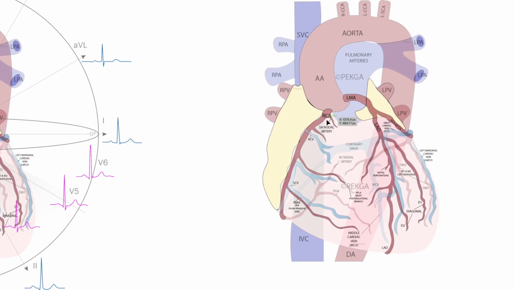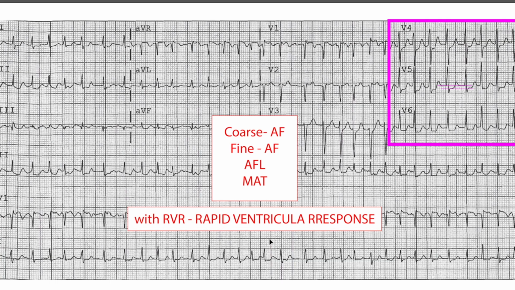The AV node is supplied by the RCA. There's a little shoot off of that. That's not the only thing that necessarily supplies it, but that's the main thing. So you might be looking at a potential issue there or something else is going on. But RVR, and I'm sorry, there's a lot of R's here, but RVR tells you that the AV node needs a little help. So again, label it as atrial fibrillation, fine, of course, doesn't matter.